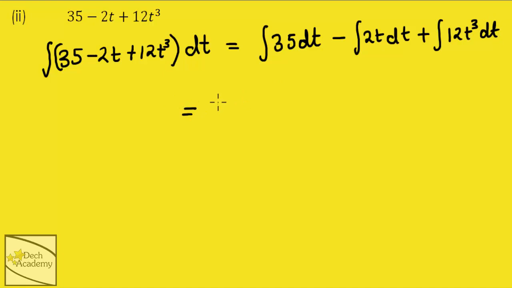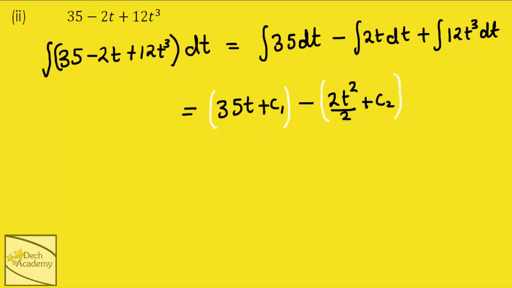And here's what we get: 35t plus an arbitrary constant, minus, when you integrate 2t with respect to t, what do you get? 2t to the power of 2 divided by 2 plus an arbitrary constant, plus 12t to the 4 divided by 4 plus an arbitrary constant.